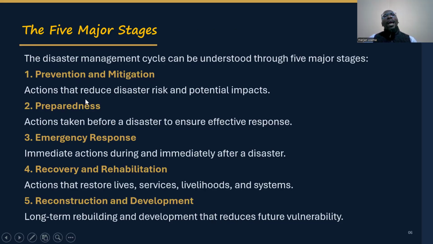These are actions that reduce disaster risk and potential impact. So the key word is to do what? Reduce. Remember, I told you, sometimes you cannot say that you have a plan that is 100% perfect. No. The disaster management cycle will enable us to minimize.